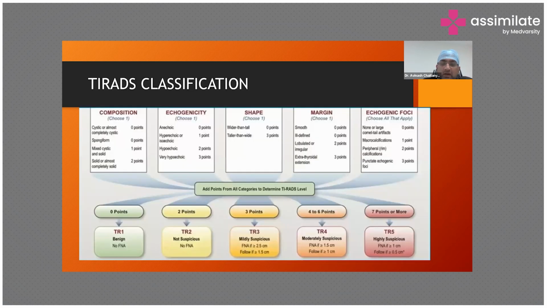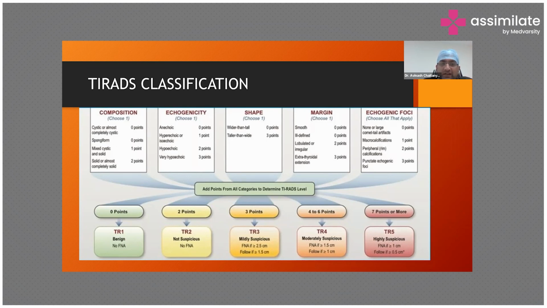So to standardize the reporting of the USG of the neck, we have something called a TIRADS classification, in which we have to see a few factors which are going to determine whether it is a malignant or benign nature of the disease.